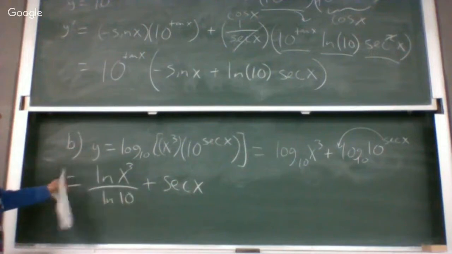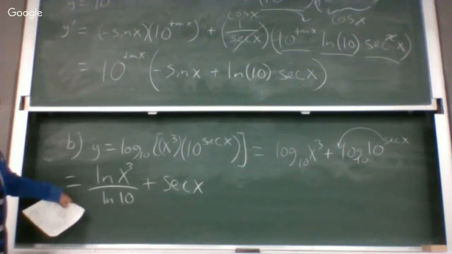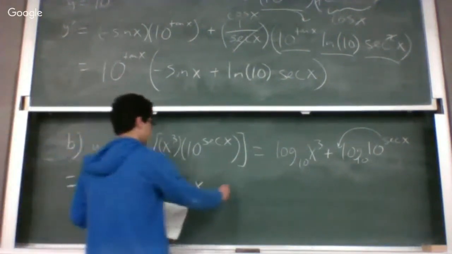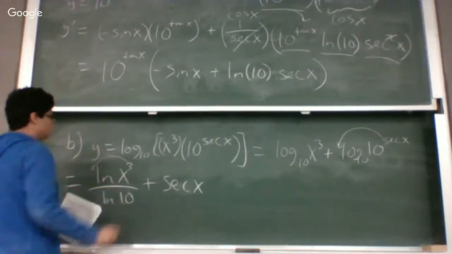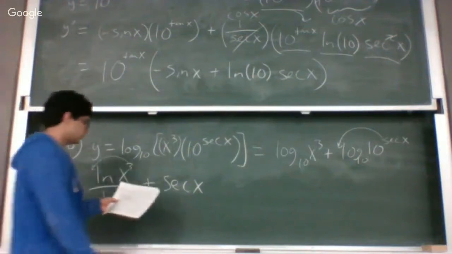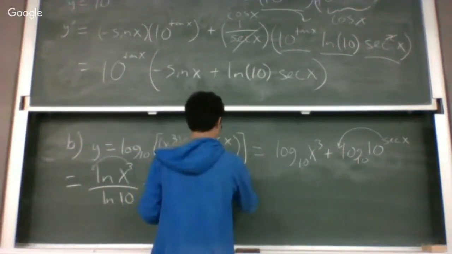We still haven't taken the derivative. This is still just simplifying y. But after that, we have to remember that this 3 can come down.